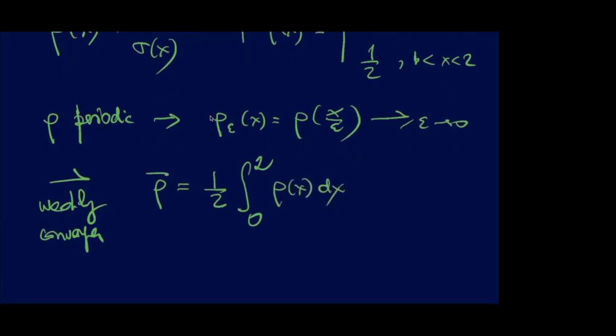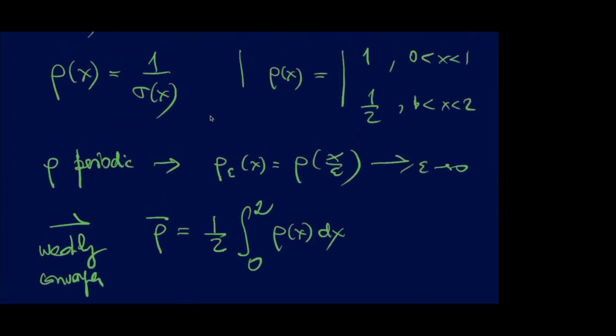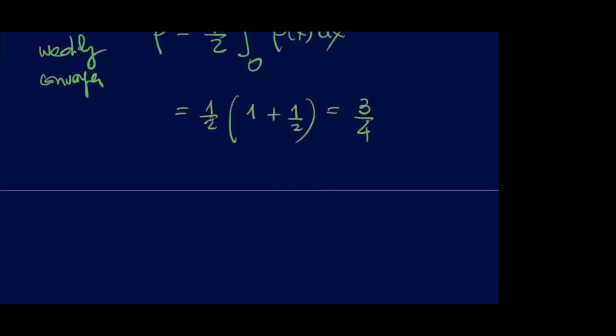And now, because rho is given piecewise, 1 in the first interval and 1 over 2 in the second interval, this is 1 over 2 times 1 plus 1 over 2, right? And this is 3 over 4, right? And then you see, oh, miracle.